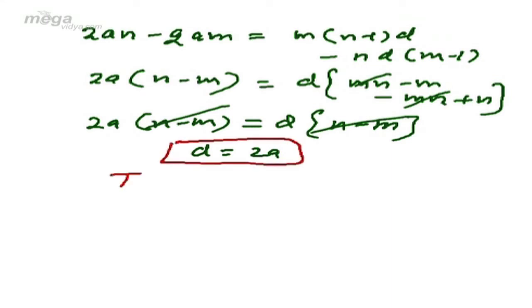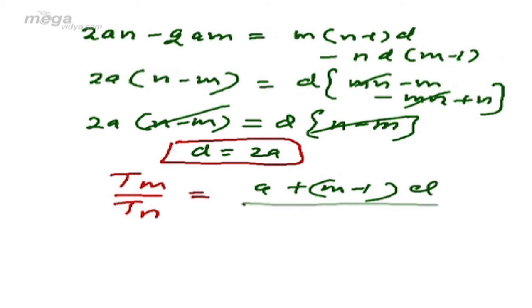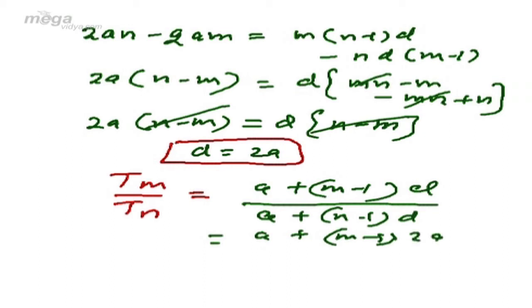Now we have to find Tm upon Tn. That will be a plus m minus 1 into d, and this is a plus n minus 1 into d. Now d is given, that is 2a. Because of this, a plus m minus 1 into 2a divided by a plus n minus 1 into 2a. a gets cancelled by this.